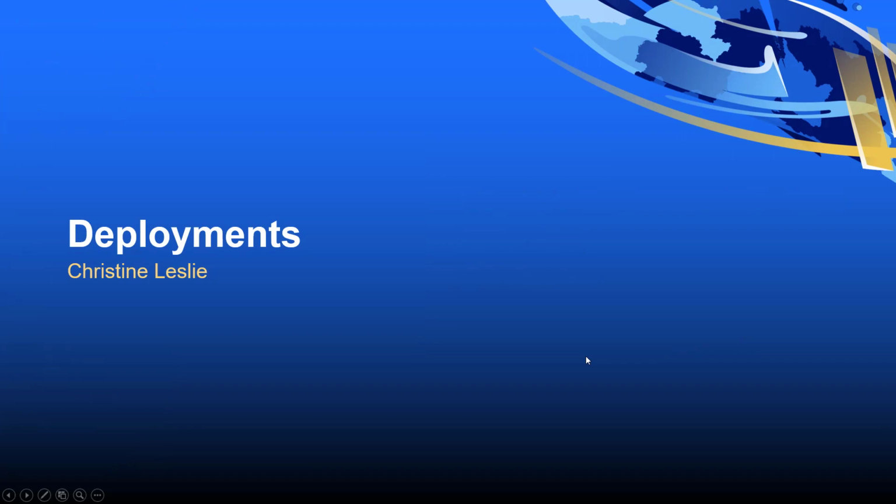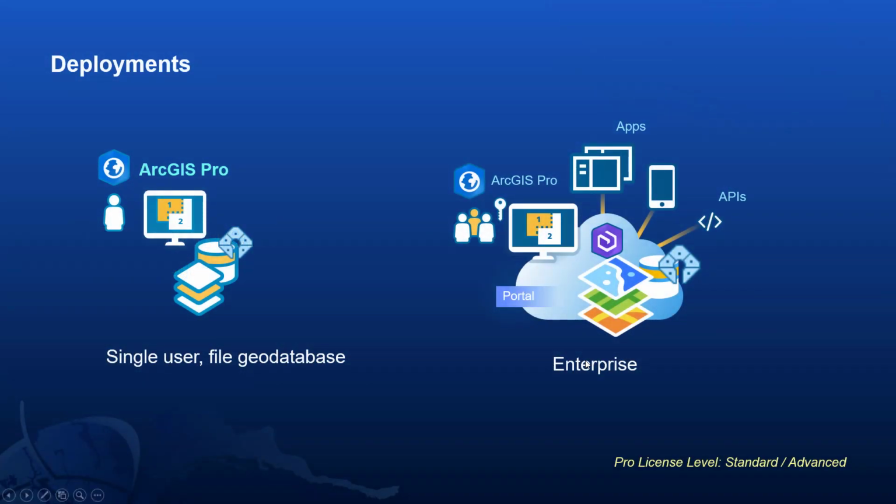and talk a bit about deployments. With the Parcel Fabric, we have 2 types of deployments. One is for the single user that uses a file geodatabase, like we use in this demo. A file geodatabase can handle a lot of data, but only one user can edit that data at a given time, because as soon as somebody starts an edit session, that file geodatabase locks and prevents other users from accessing and editing it at the same time.